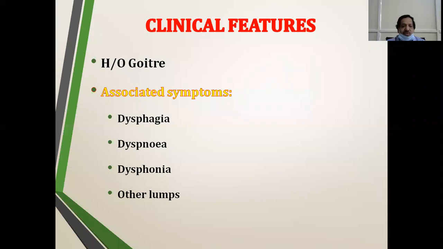Dysphonia, change in voice. These are common based on the size of the neoplasm. But anaplastic carcinoma, by local infiltration, can produce dysphagia or dyspnea, and dysphonia by infiltrating the recurrent laryngeal nerve, and sometimes other lumps like lymph nodes.